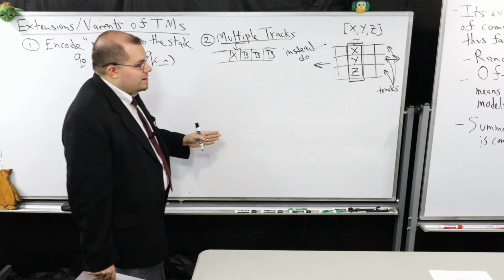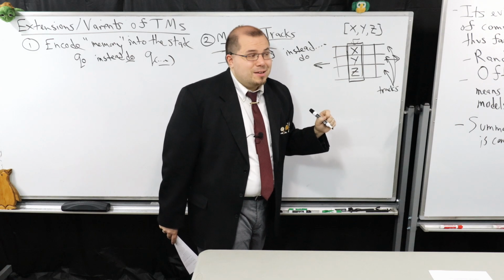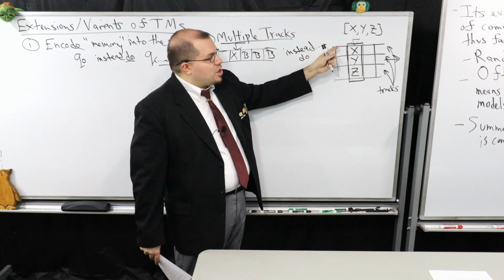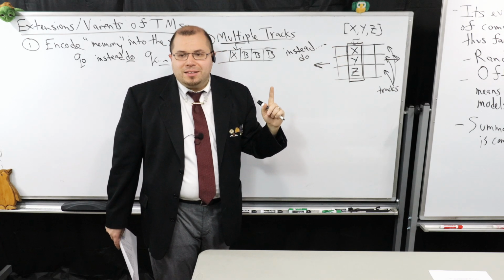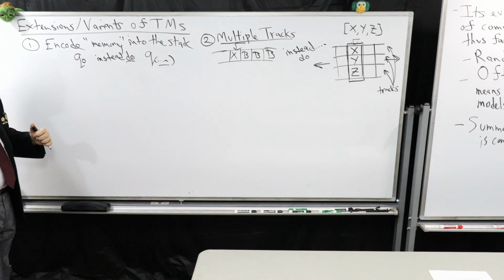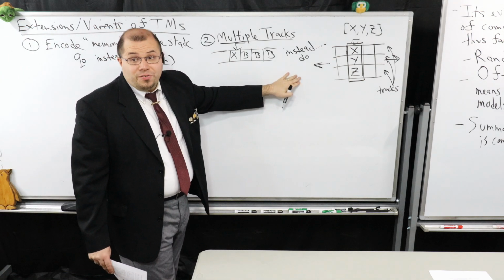We're going to see a variant of something like this where I'm allowed multiple tape heads, so don't worry, I'm going to get to that. The point here is I'm just encoding multiple symbols onto one cell of the tape. So does everybody get the general gist of these two? I don't want to go into too much detail about each of these, but this one in particular is going to be useful for us a little later.